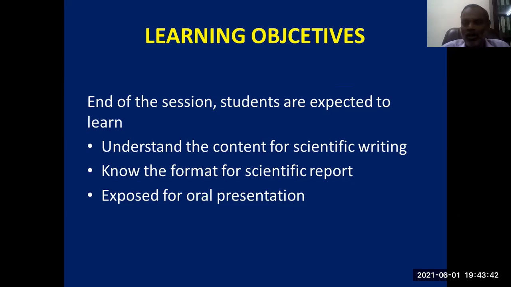If you are writing a research proposal, what kind of format do you need to follow? So certain common things used in academia you are going to learn. Then you are going to be exposed to how to do an oral presentation, especially how to defend your research work. These three things we are going to study in this class.